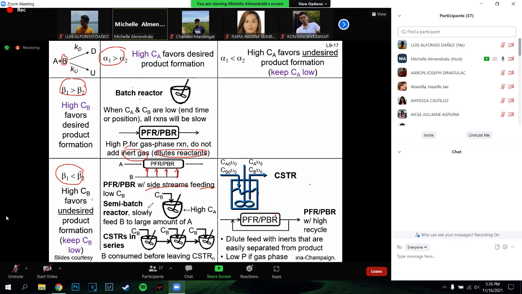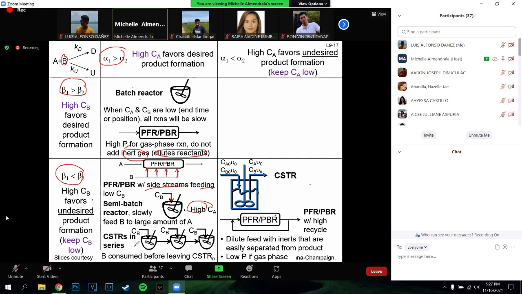So in a semi-batch, you have to keep A high and slowly feed B. Slowly, little by little, like when you're mixing sugar when you're baking. Add little by little, one at a time. It's like cooking. When you have a chemical reaction, it's like you're baking or cooking.